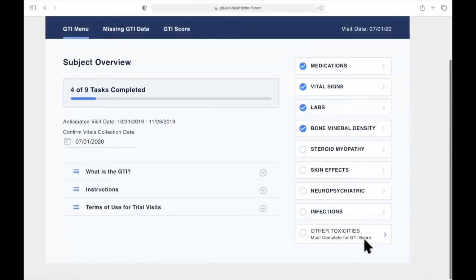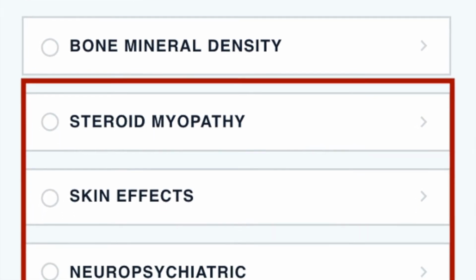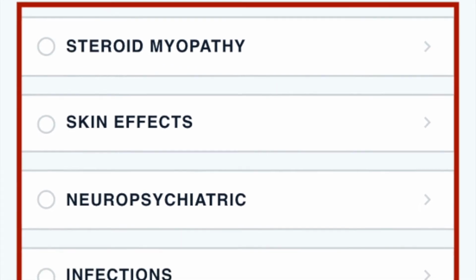Now the clinical research coordinator might put the patient into a room. The research coordinator has finished with what he or she needs to do with the patient, checking medicines, vital signs, weighing the patient, etc. Patient goes into an examining room where the clinical investigator examines the patient for myopathy, for skin changes, for neuropsychiatric toxicity, and for infections.